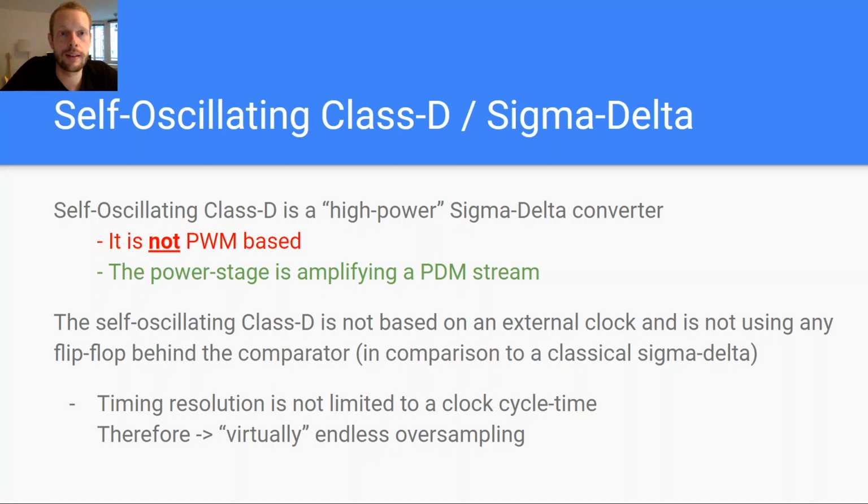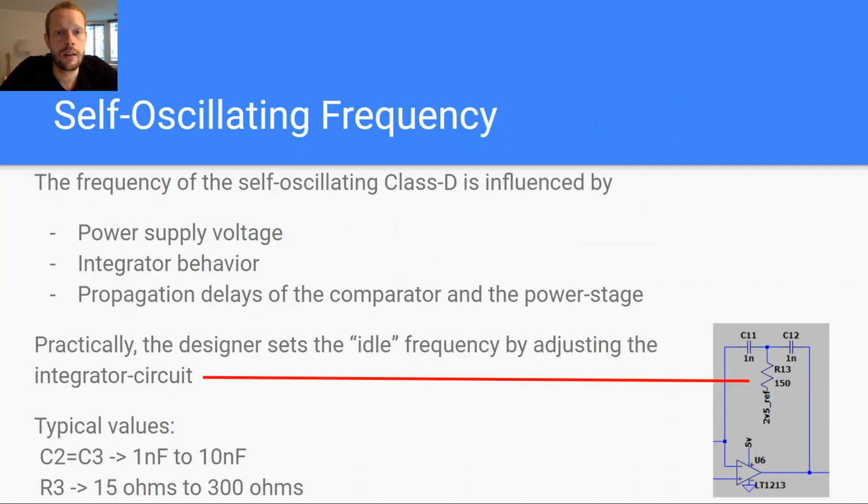Therefore we can say that we have some kind of virtually unlimited oversampling. So the oversampling ratio does not need to be so high, and the integrator order also not too high, because we virtually have a relatively high oversampling ratio.